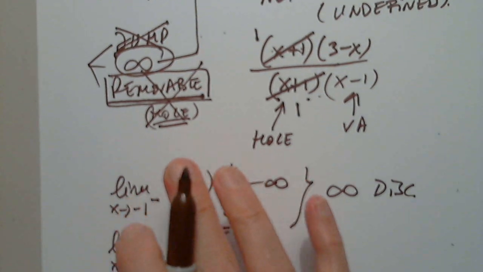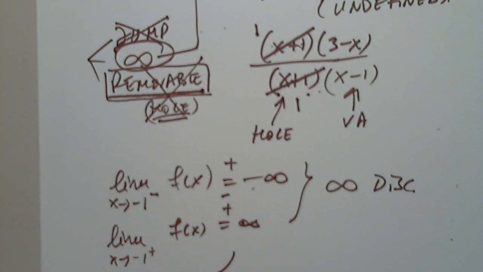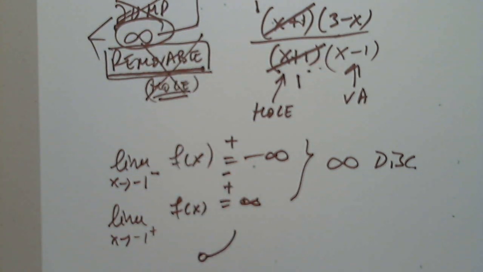Now the jump: I have to have something like this. So that's not possible for a rational function to have a jump. It's possible for a piecewise defined function to have a jump, but not for a rational. Was that the question, Amanda? Yes. So this is not for a rational function.